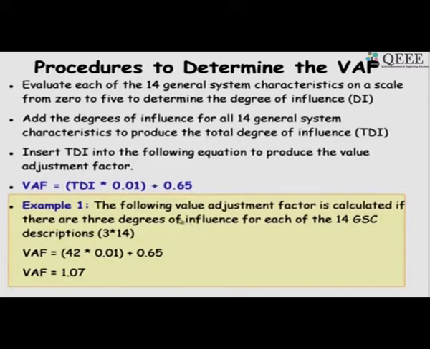So, let us say that we have computed the degree of influence to be 3 for each of the 14. So, all the 14 we computed as average influence.